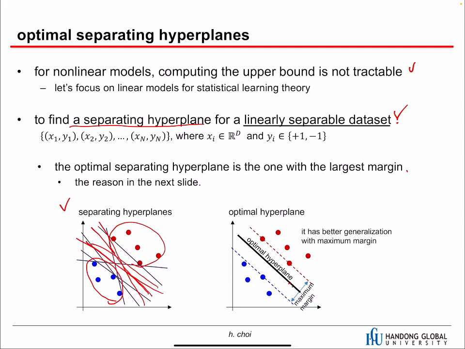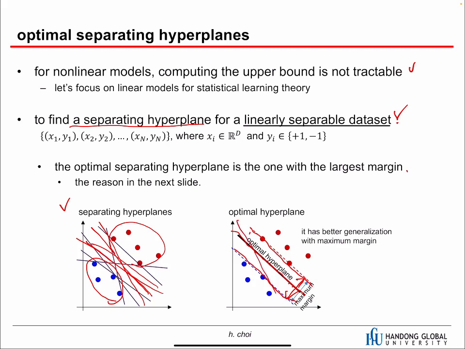It is parallel to these two boundaries, and when we maximize these margins, the middle line is the optimal hyperplane. So we have to find how to maximize this margin.